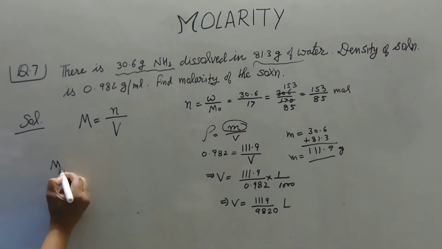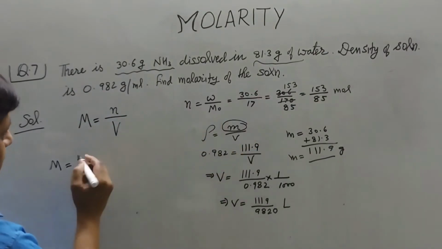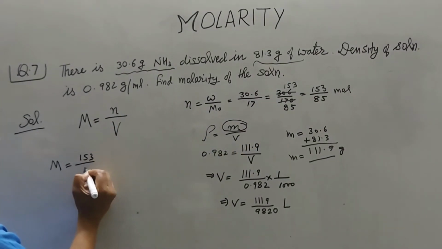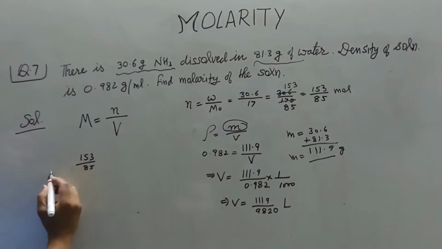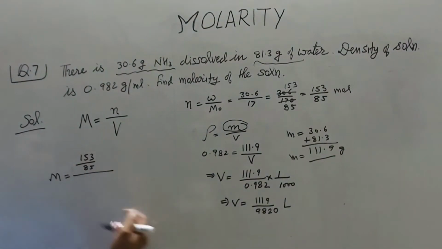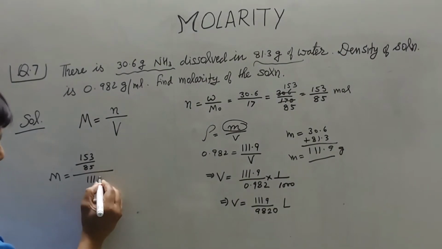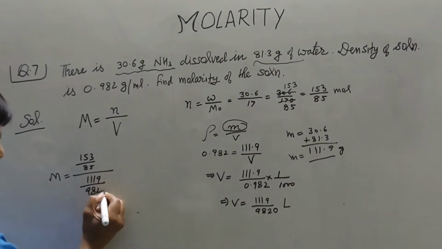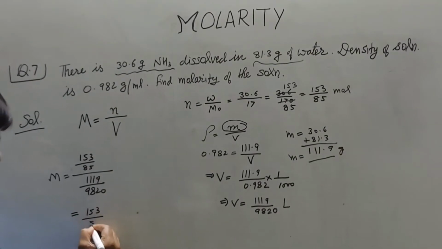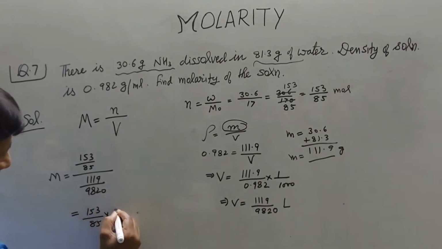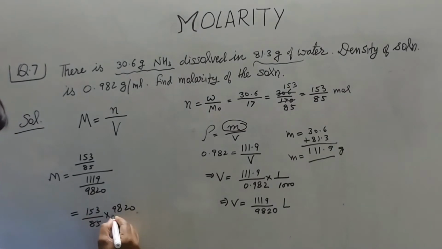Now we have to find the molarity. Number of moles we have already found, 153 divided by 85, and the volume is coming to be that. So molarity is equal to 153 divided by 85 into 9820 divided by 1119.